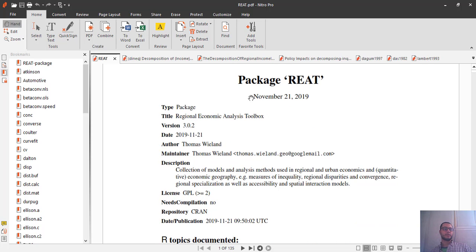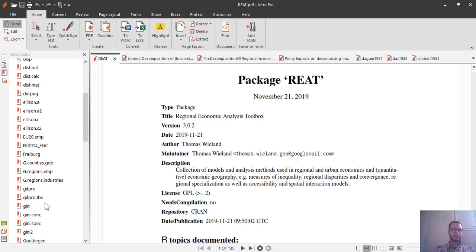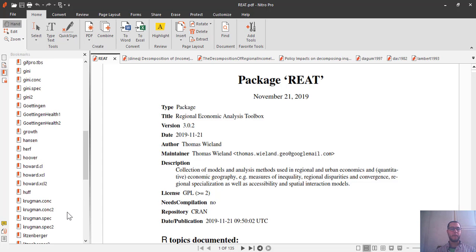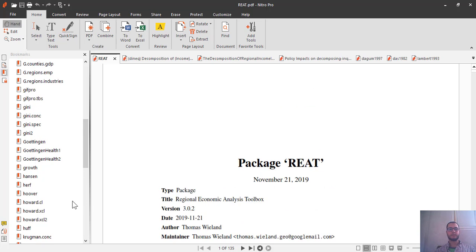With this package, you can decompose other coefficients like Theil, Atkinson, and the mean log deviation.